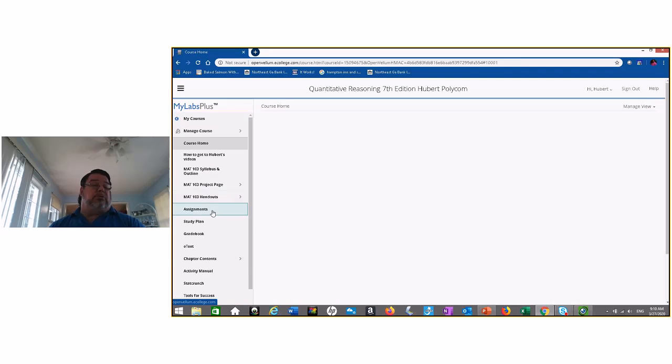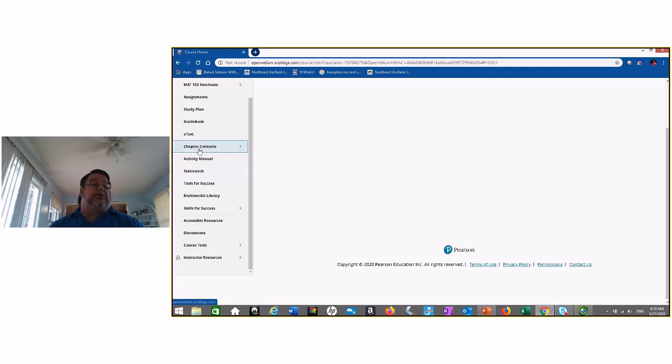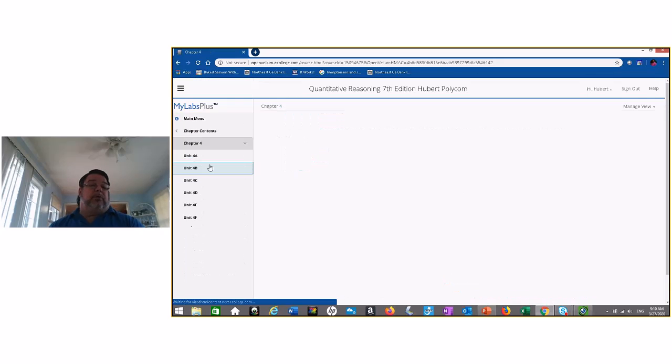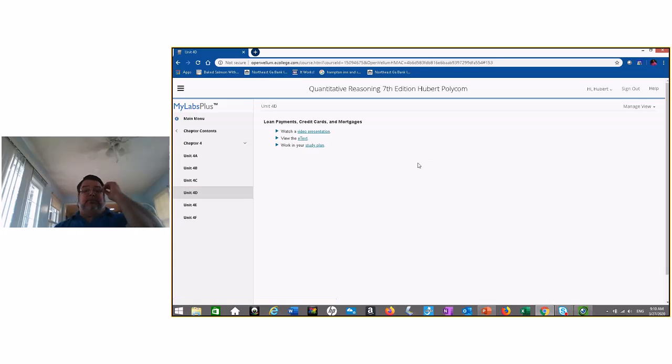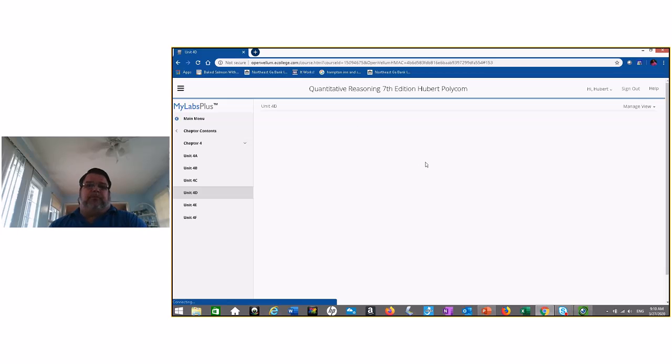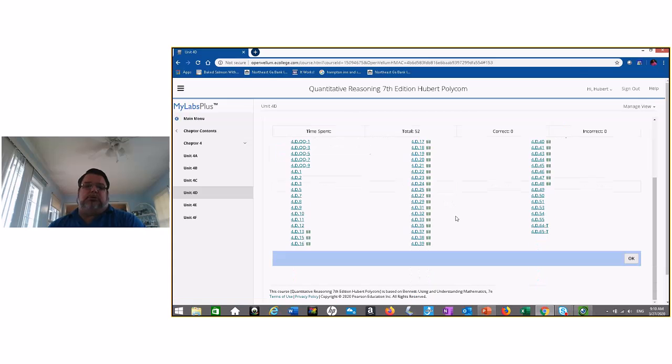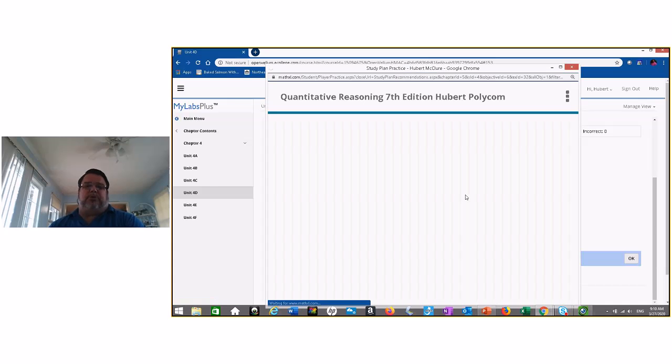I'm going to go to the chapter contents, Chapter 4, and study plan. And I have no idea where these problems are, so I'll just have to find one. I'm just going to start, and I'll go backwards and forwards.